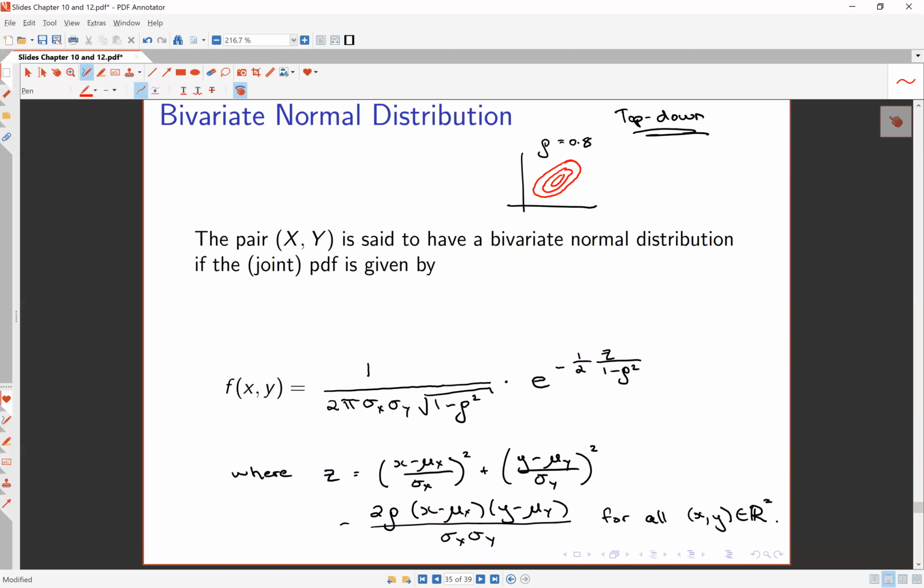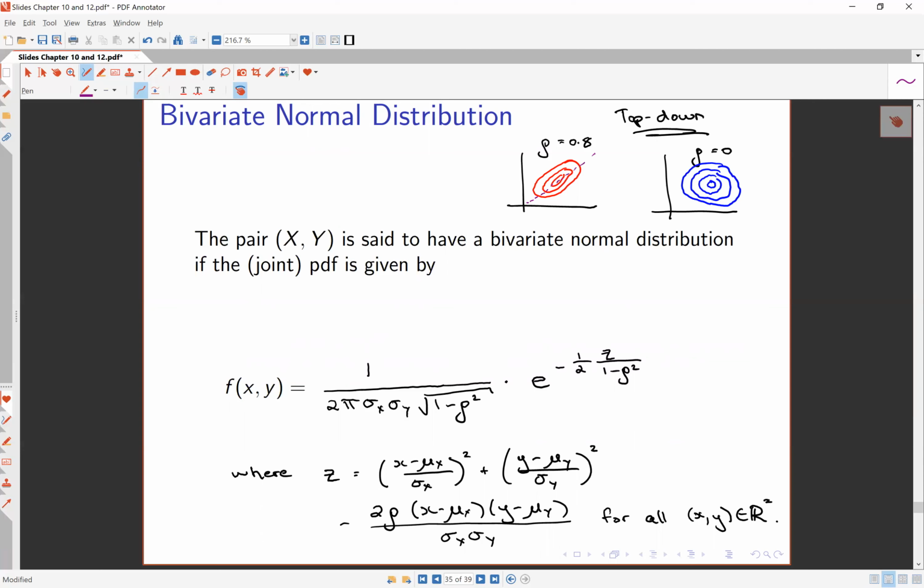Whereas if the correlation were 0 and you did a top-down view, you would have perfect circles, because then there's no relationship, no straight line that you can draw through. And the one on the left, of course, you can see how a linear trend can kind of fit through those concentric ellipses. But there's no best direction on the right-hand side for drawing lines through the circles.